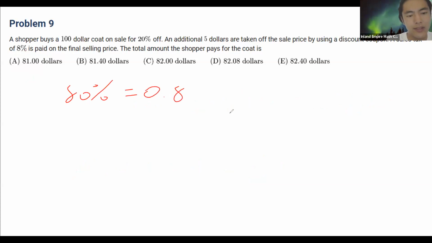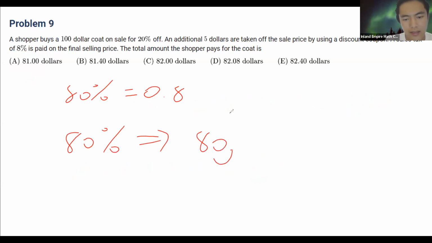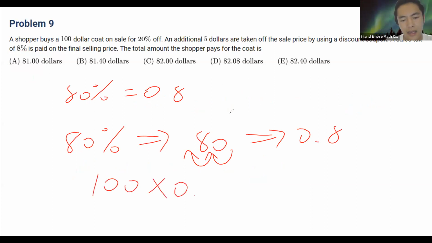When you take off the percentage sign, you move the decimal place 2 places to the left, and that gives you 0.8. So when you multiply by 80%, you're multiplying by 0.8. 100 multiplied by 0.8 gives you $80.